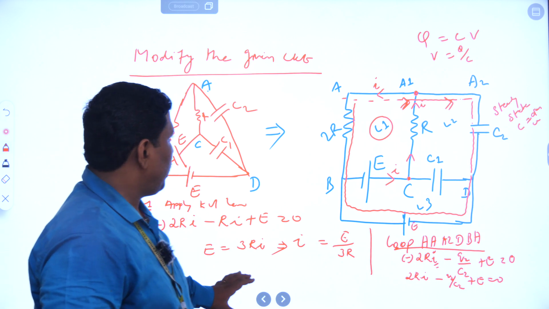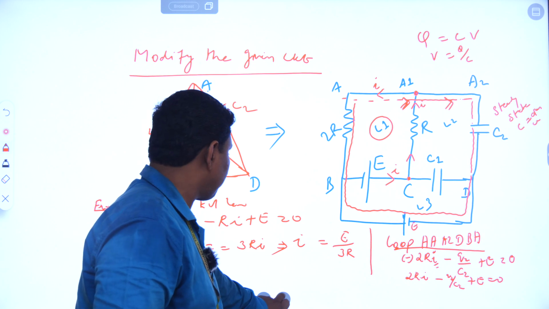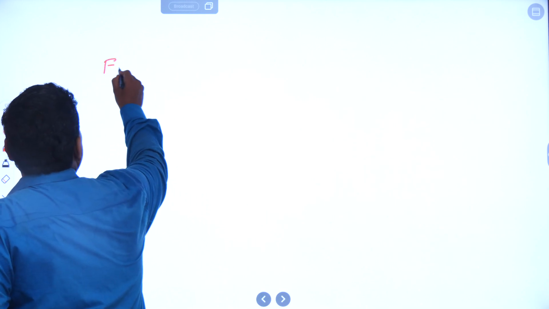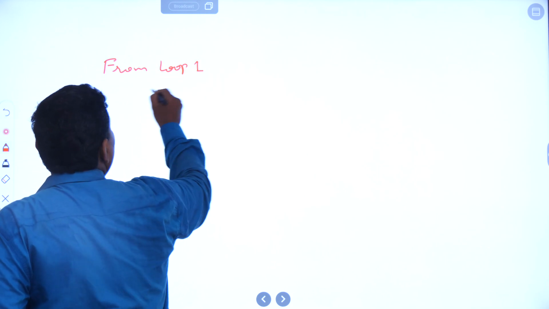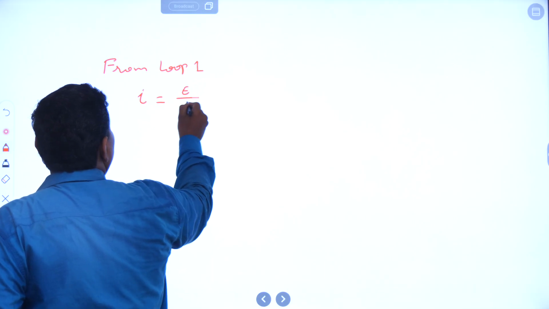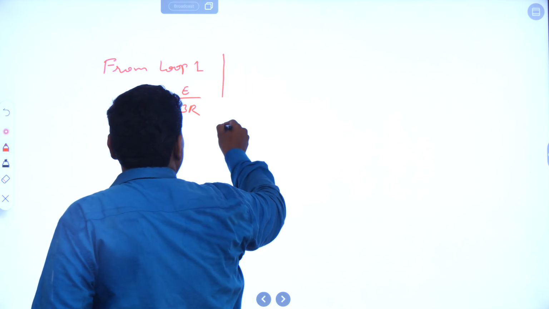Okay, so I consolidate both the equations in the next slide. So from loop 1, determined I value. So I is nothing but E divided by 3R. Clear? Okay.